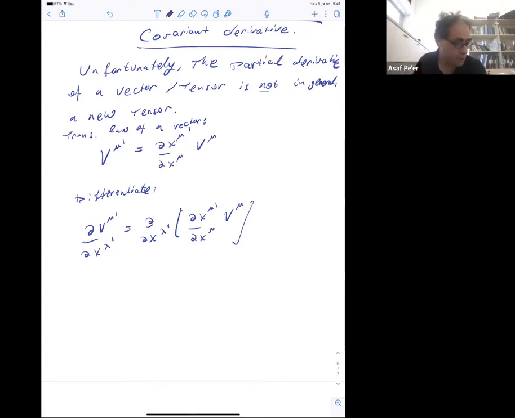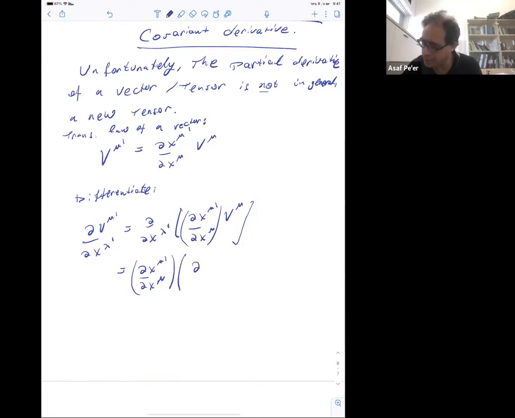So let's start with the second term first. It's dx mu prime over dx mu. Now, v mu is defined in the old coordinate system, so I cannot take the derivative of it with respect to the new coordinate directly. The only way I can do it is to write down dx rho over dx lambda prime, dv mu over dx rho.